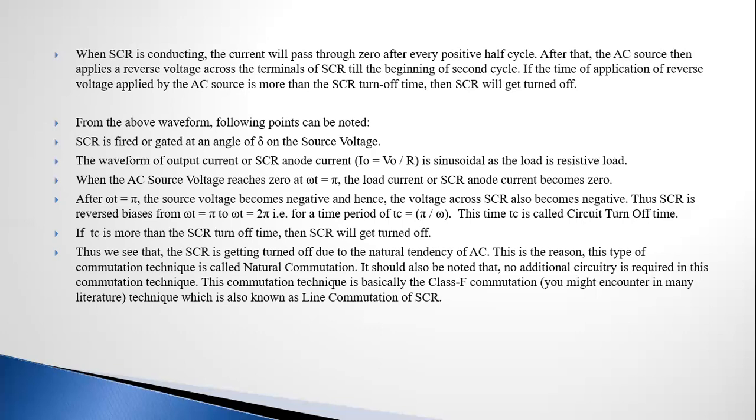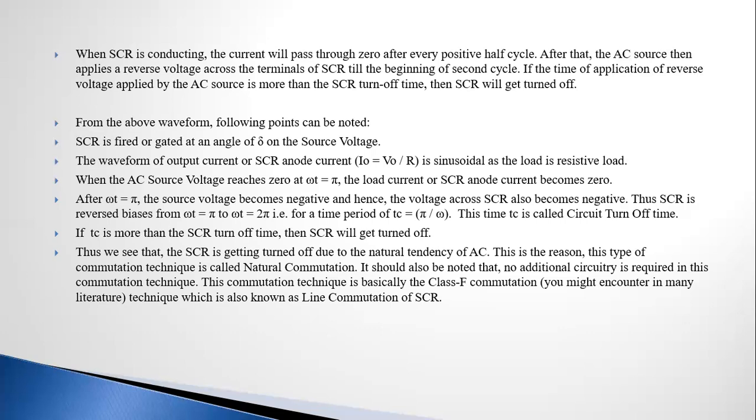When the AC source voltage reaches 0 at omega t equals pi, the load current, or SCR anode current, becomes 0. After omega t equals pi, the source voltage becomes negative, and hence the voltage across the SCR also becomes negative.